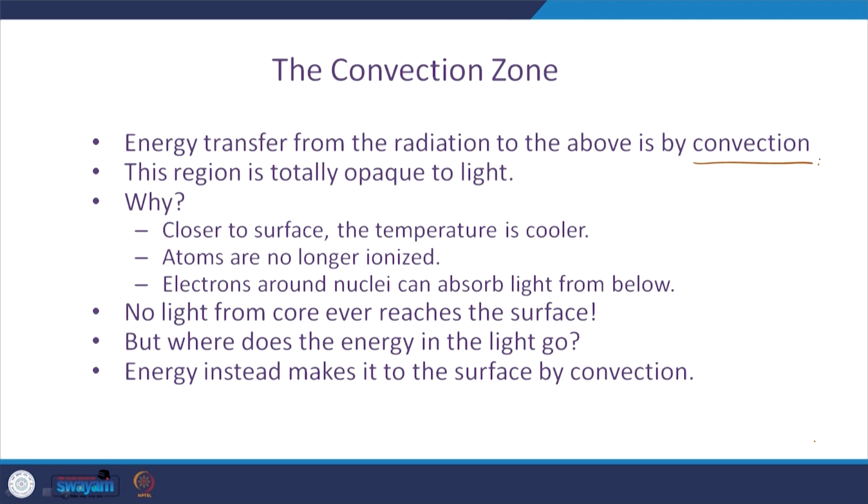What is convection? Convection is the process by which energy is transferred by the movement of matter. Matter takes up this energy, moves from a point of higher temperature to a point of lower temperature, leaves the energy at the point of lower temperature and comes back, forming a convection cell, and by means of this convection cell, energy is transferred from one point to another.